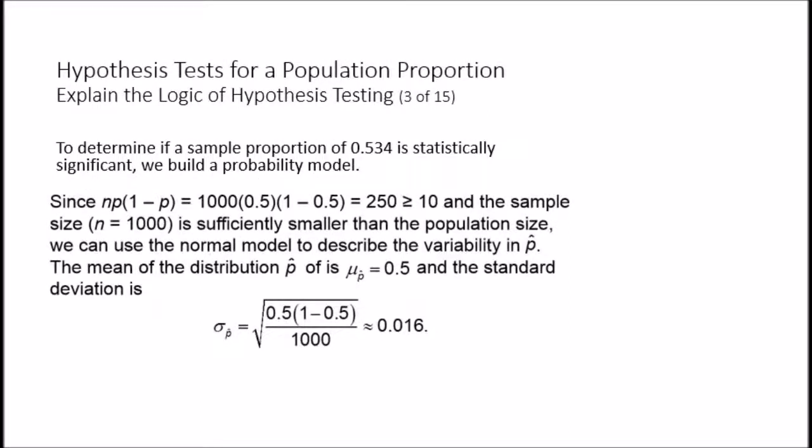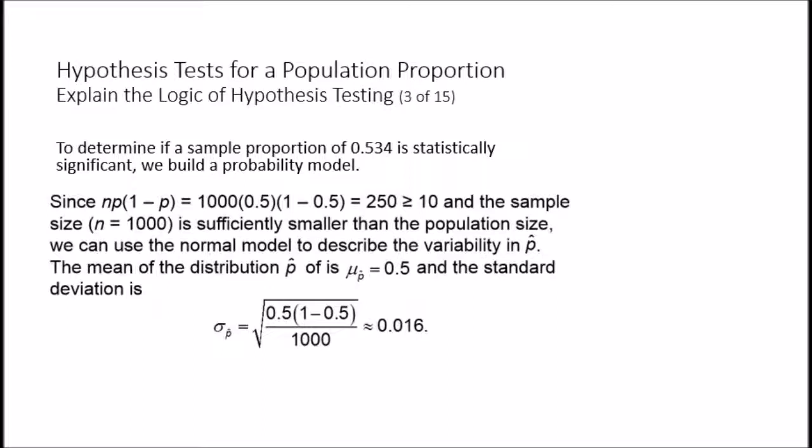To determine if a sample proportion of 0.534 is statistically significant or not, we're going to build a probability model. Since n times p times 1 minus p is 250, which is greater than or equal to 10, and the sample size of 1,000 is sufficiently small compared to the population size, we can use the normal model to describe the variability in p hat.